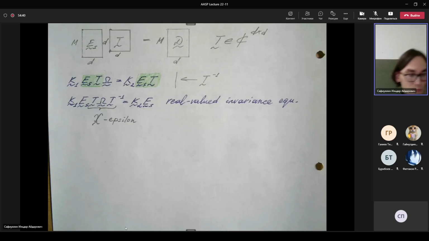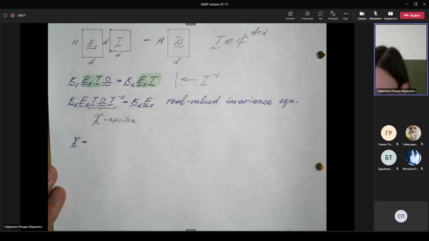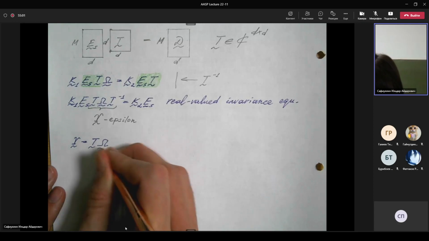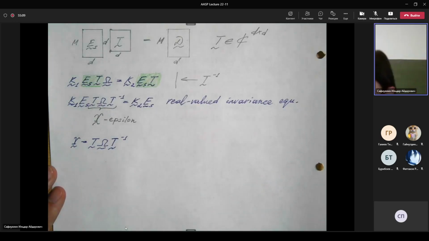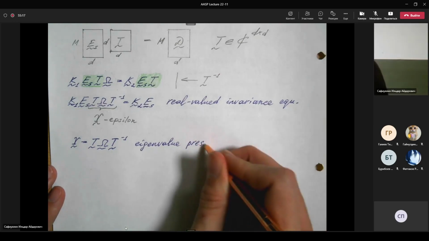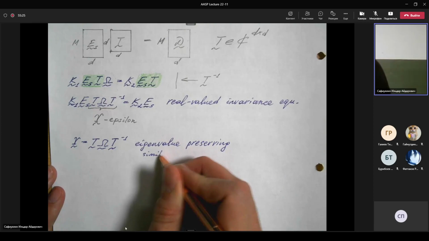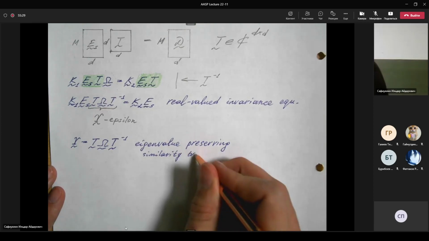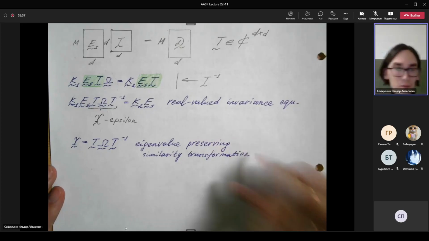Then, as before, matrix epsilon, which is equal to T times omega times inverse of T, is an eigenvalue preserving similarity transformation.